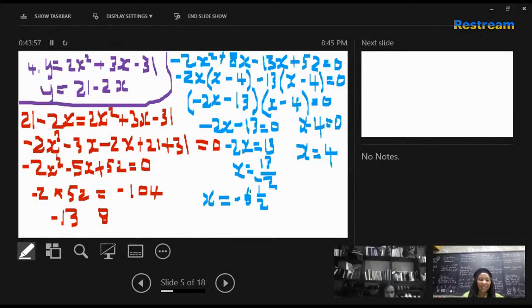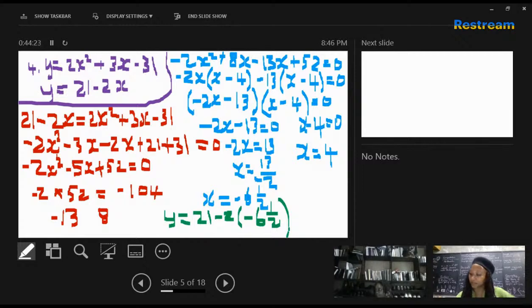All right, so when x is negative 6.5, y is equal to 21 minus 2 times negative 6.5, which is negative 2 times negative 6.5, so 6.5 is 13.